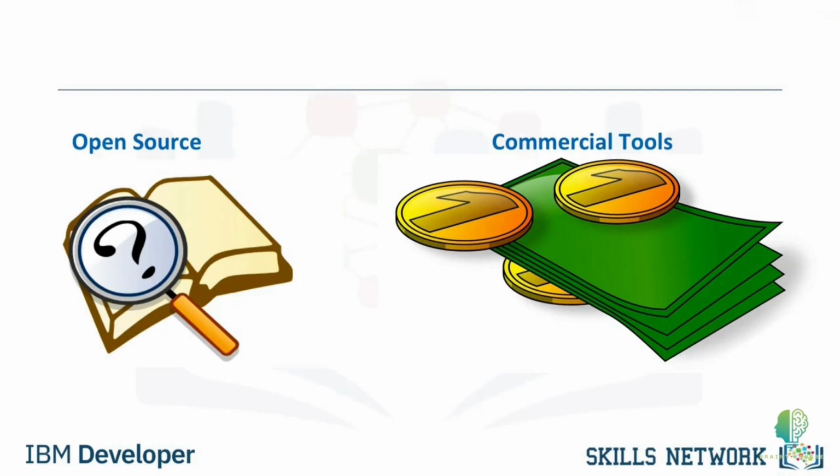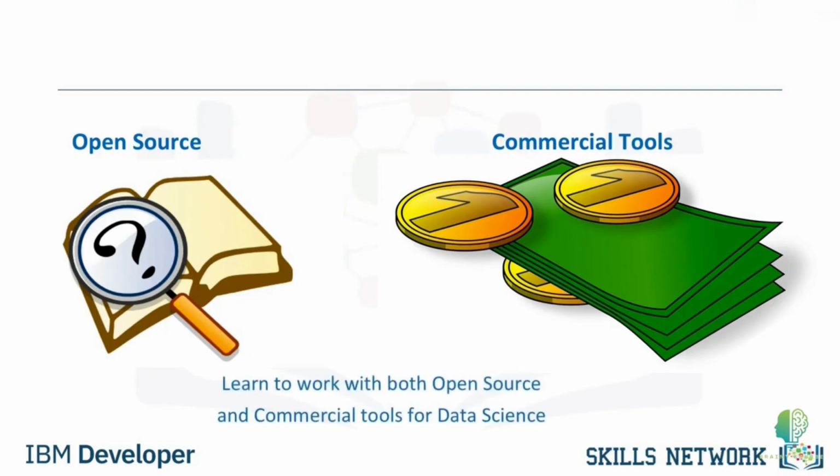This makes it easy to migrate between tools and can reduce overall TCO. In this course, we'll introduce you to both open source and commercial software and point out their strengths and weaknesses for data science. We'll also show you ways that you can take advantage of their respective strengths.